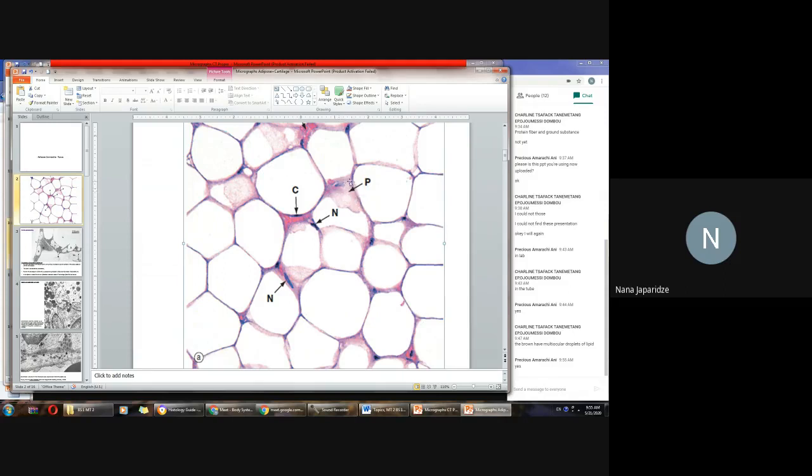Due to the plane of section. The plane of section in this case goes through this surface, through this thin rim of cytoplasm. Beneath, of course, is another part of the cell which is not visible, which is behind this cell, and which contains this big lipid droplet.